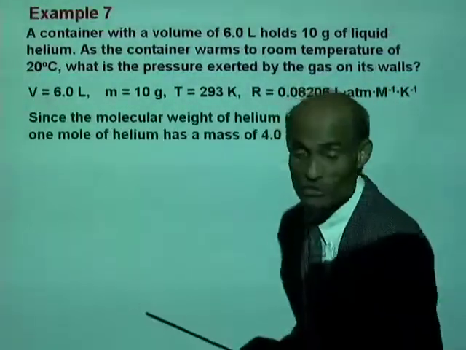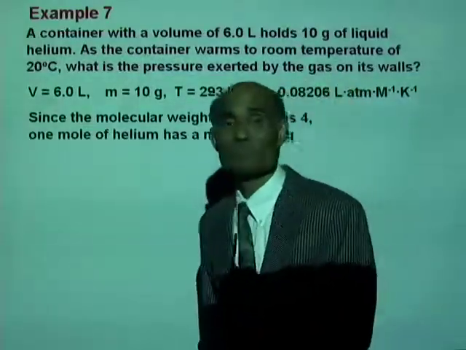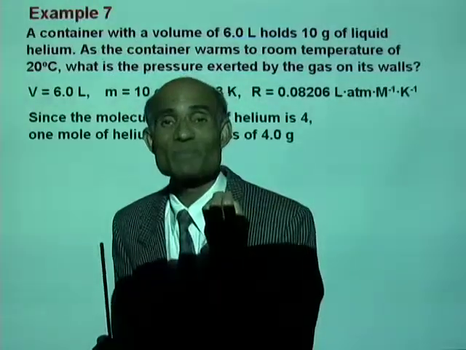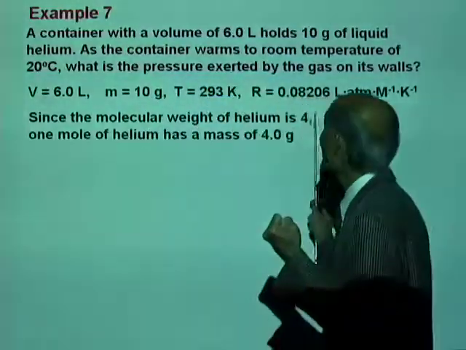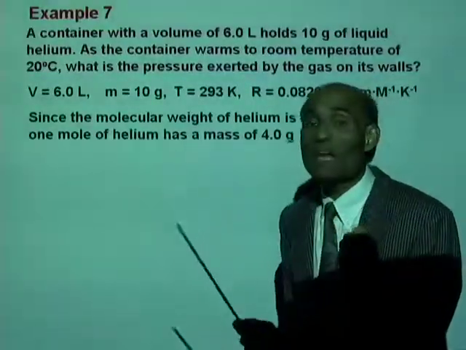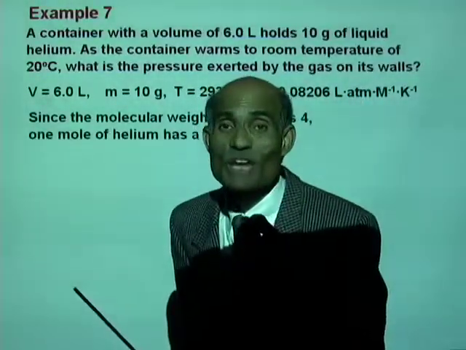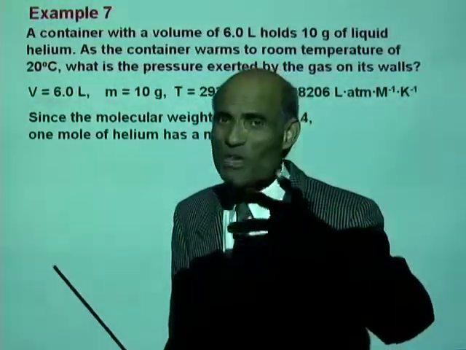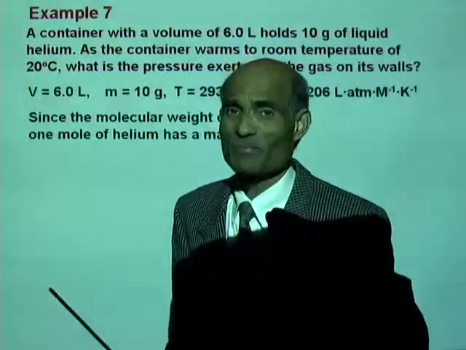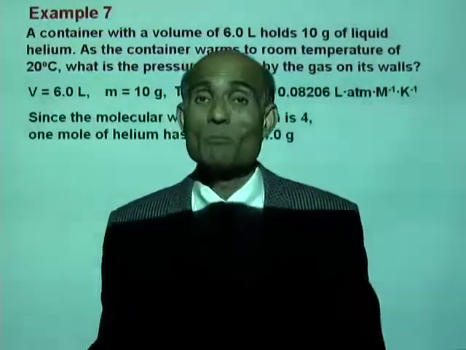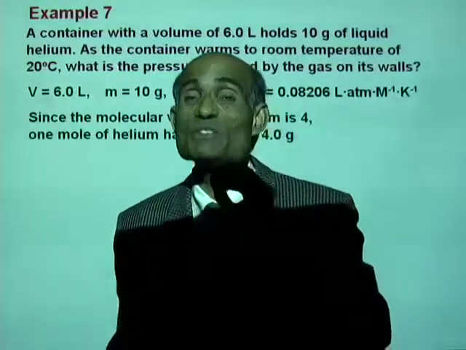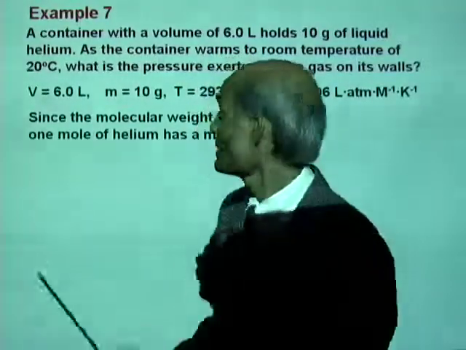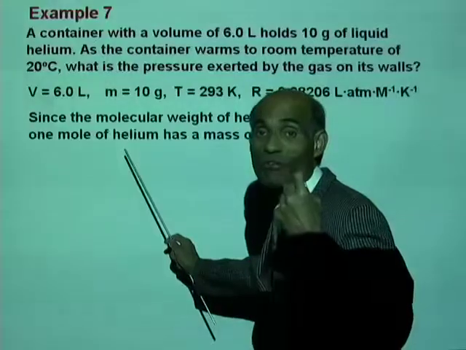Since the molecular weight, do you know the molecular weight of helium? If you look at the periodic table, it gives you the atomic weight. The molecular weight of helium is 4. That means 1 mole of helium has a mass of 4 grams. Now, if you don't know that, try and make a note of this. The molecular weight of a substance in grams is numerically equal to the mass of 1 mole.